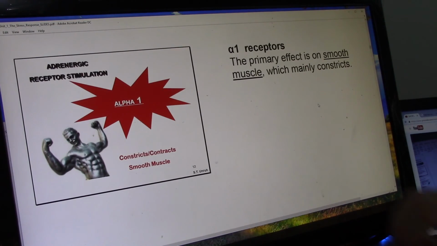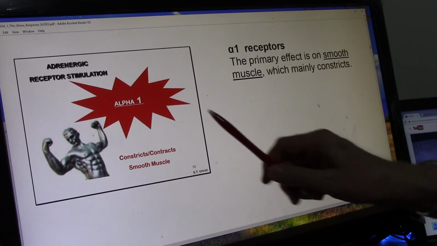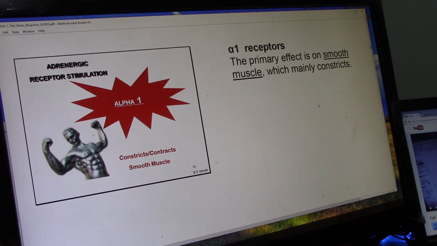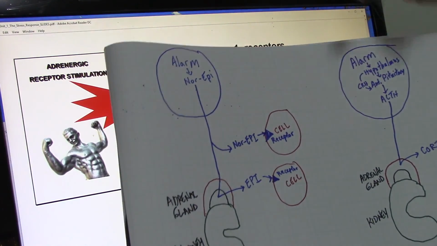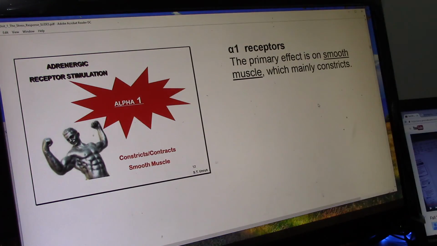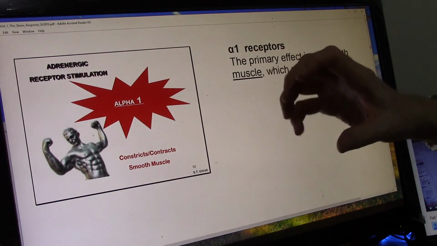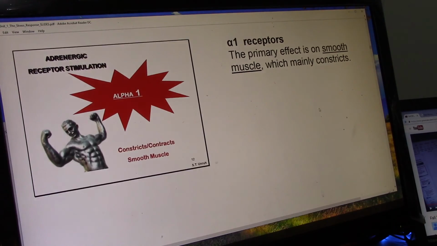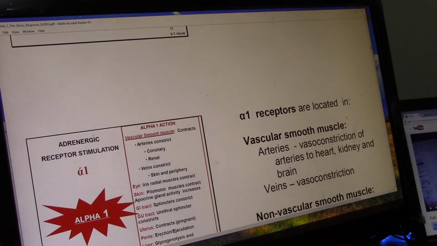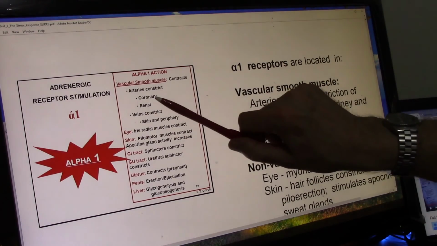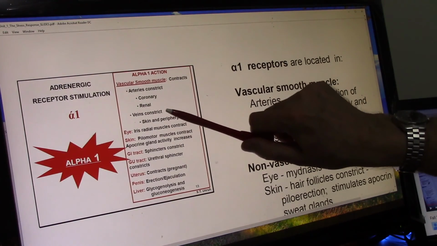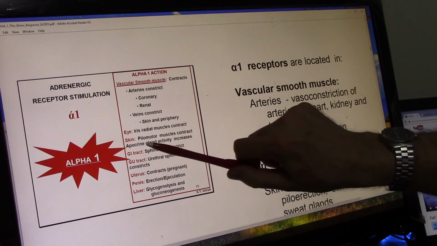Now, what about alpha 1? The main effect of alpha 1 stimulus is on smooth muscle. So alpha 1 will hit cells that are part of smooth muscle in certain organs of the body, and that will cause that muscle to constrict. We'll take a look at that in a moment. A couple of the areas where it does this are the arteries, veins, the eye.